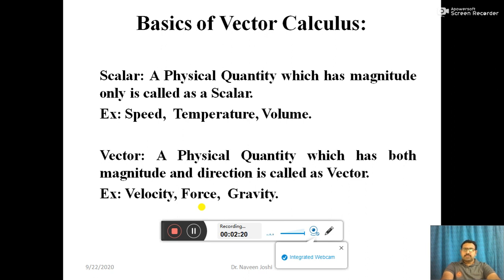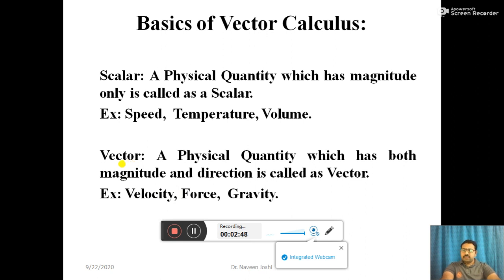Suppose you want to move some object from point A to point B, you need to apply the force in a particular direction, then only the object can move from one place to another. So in which direction you apply the force plays a very important role. And one more thing, the mass of the object also comes into consideration.